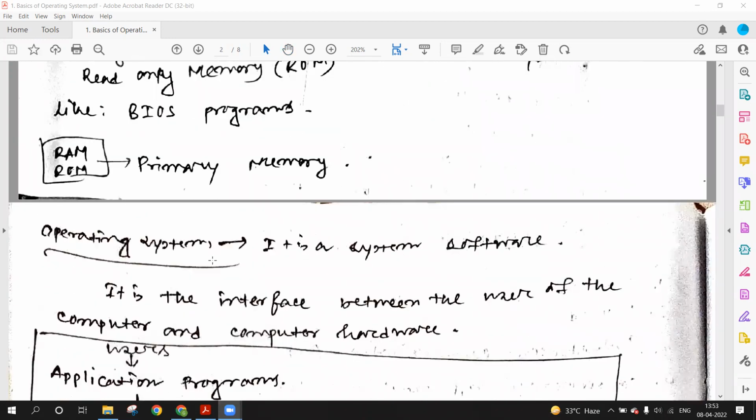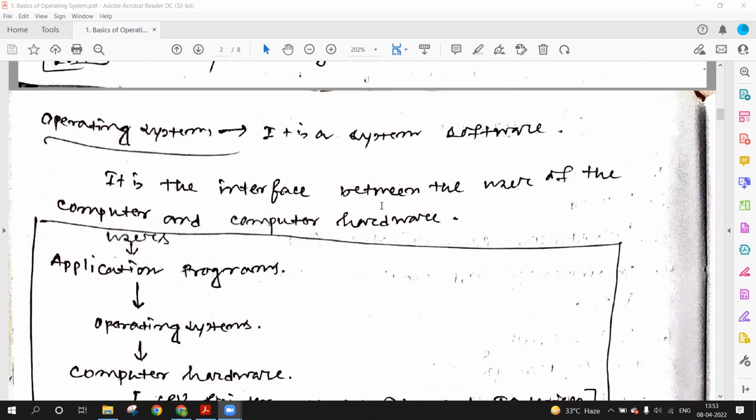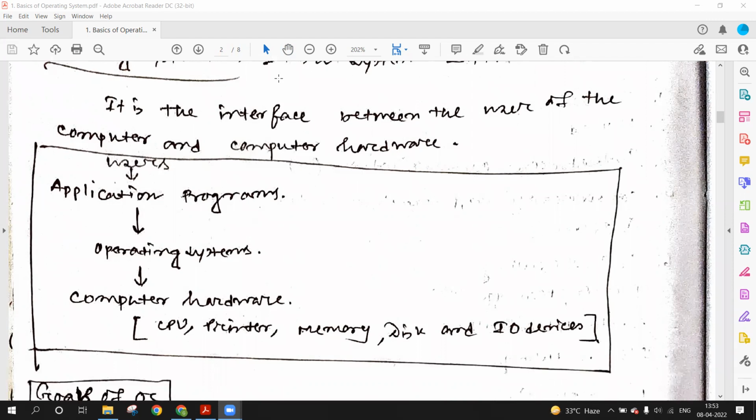It is the interface between the user of the computer and the computer hardware. So it makes the bridge between the user and the computer hardware. You can see the flow here: users, then application programs, then operating system, then computer hardware. The functionalities will start from here.